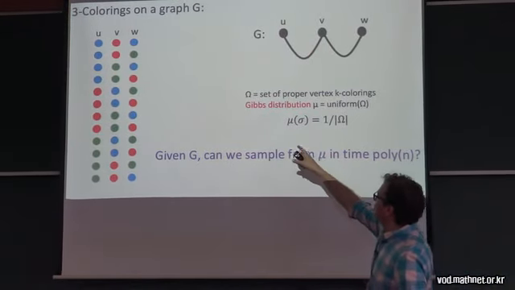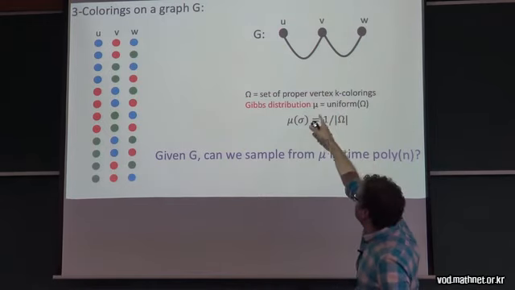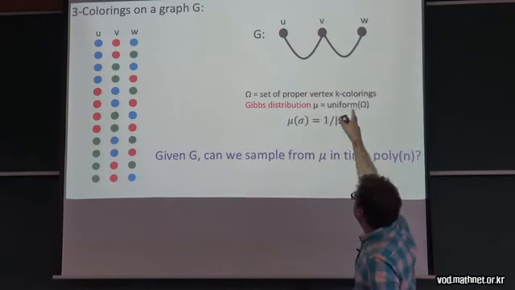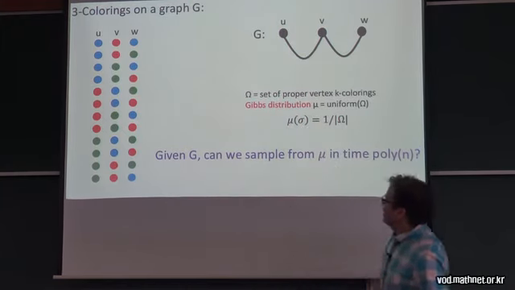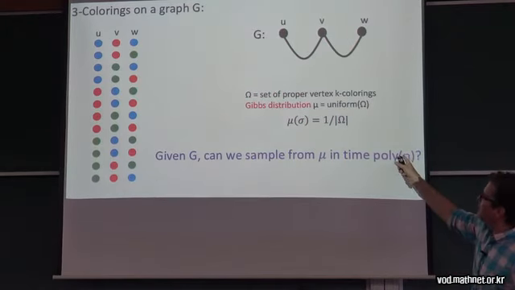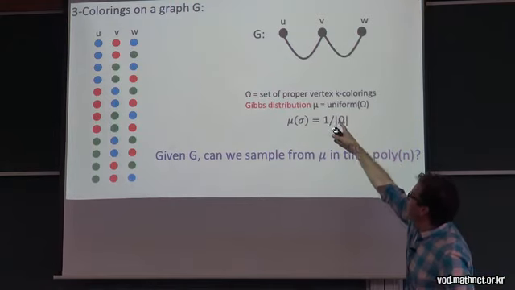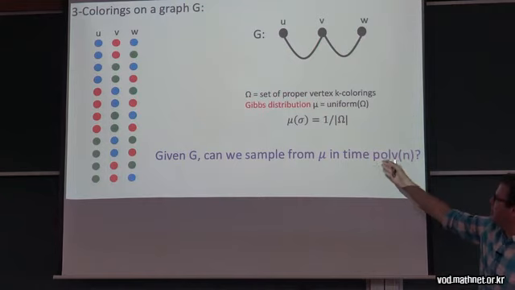The terminology is that I have omega as the set of all colorings, and then I want to sample from the uniform distribution on this space. That's called the Gibbs distribution. And I want to do it in time polynomial in the size of the graph. N is the number of vertices in the graph. And the key thing is that this space, omega, is huge. It's usually exponential in n, but I want to sample from it in time polynomial.